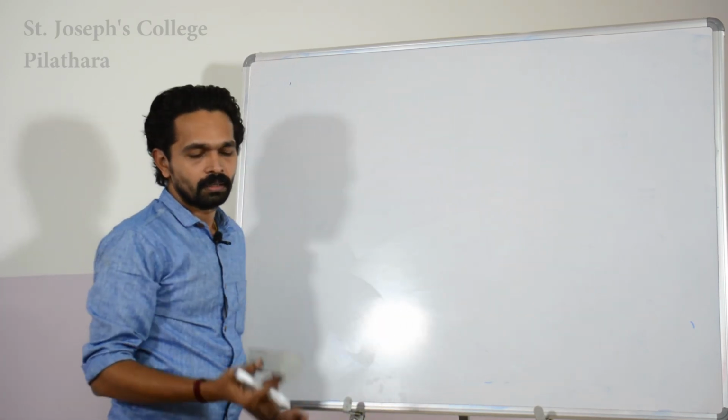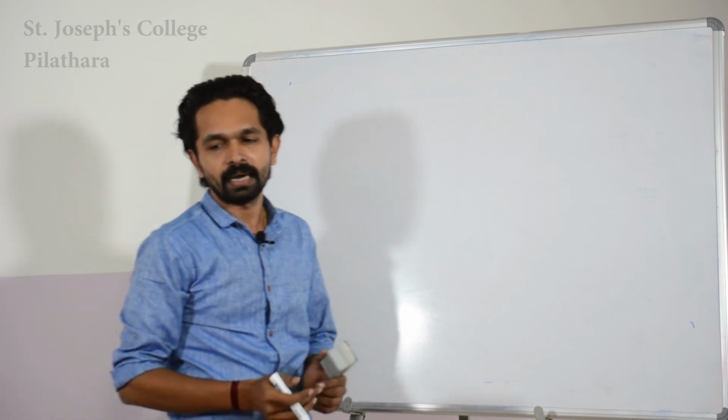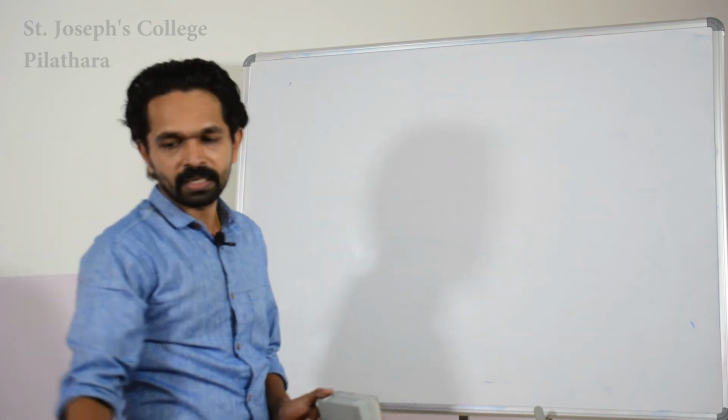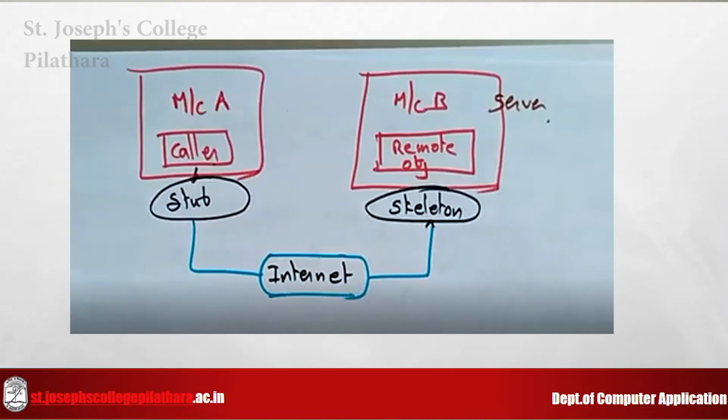Then the architecture of RMI. You can see it in the next slide's picture, machine A, a simple picture, that I am reading for the stub and skeleton. Okay, marshal, client side, client, server, and JVM A, stub.